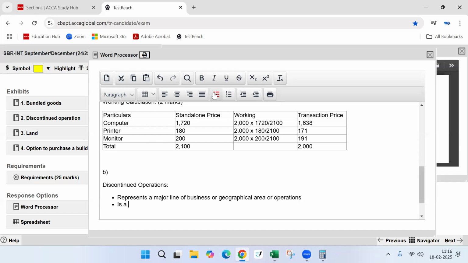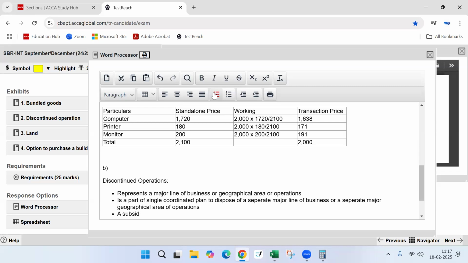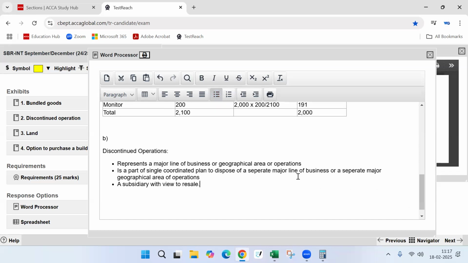Second, it is a part of a single coordinated plan to dispose of a separate major line of business or a separate major geographical area of operations, or a subsidiary acquired with a view to resale. Right?